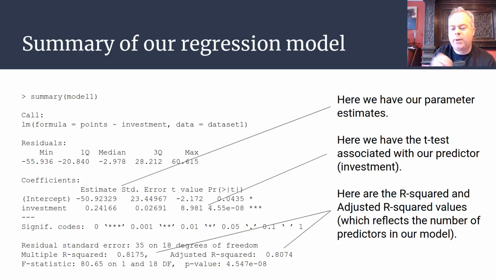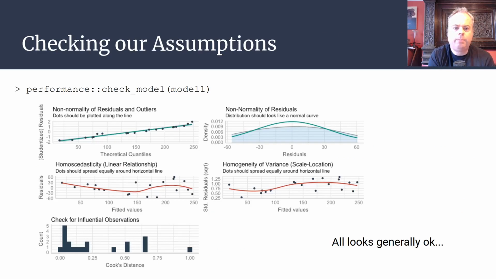As the number of predictors goes up, when we get into the world of multiple regression, that adjustment will become a lot more apparent. In this case we've just got one predictor, so the adjusted R-squared value isn't very different from our R-squared value itself. So we've got nice information here about the model that we've built.